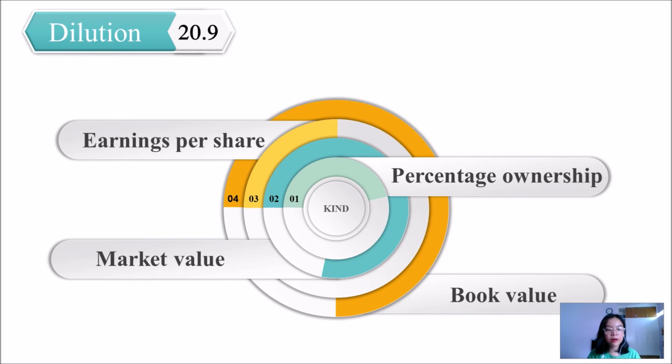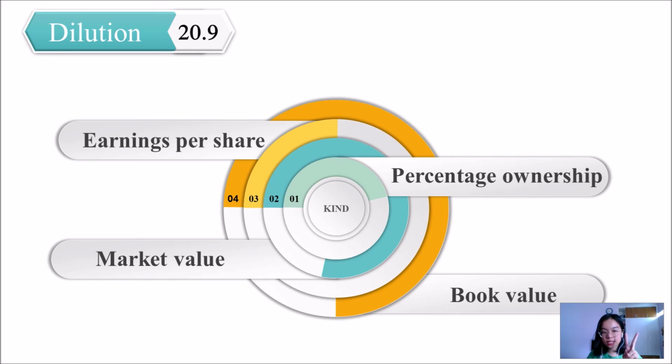To move on, let me turn now to part 9, which is about the dilution of stock. Basically, dilution of stock is a loss in value of existing shareholders. There are several kinds of dilution, as we can see in this chart. The first type is percentage ownership, when shares are sold to the general public without a rights offering.